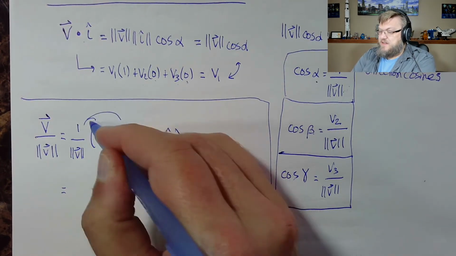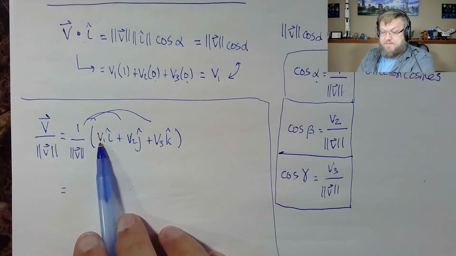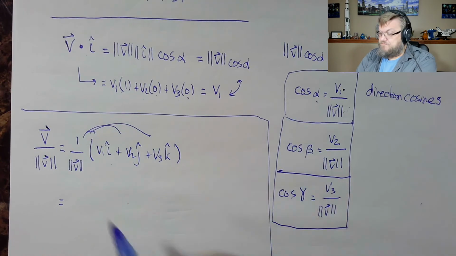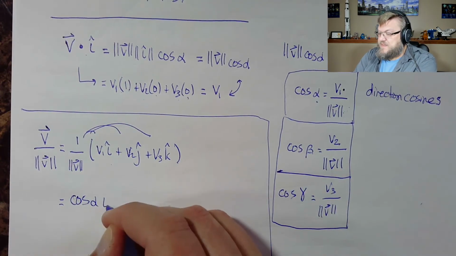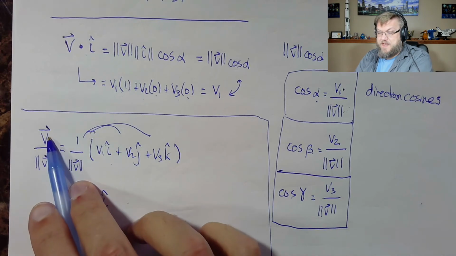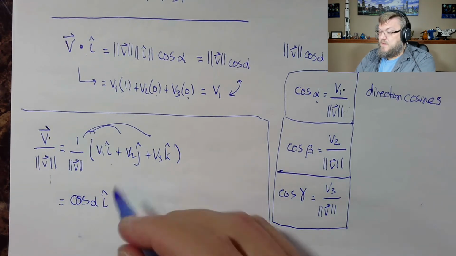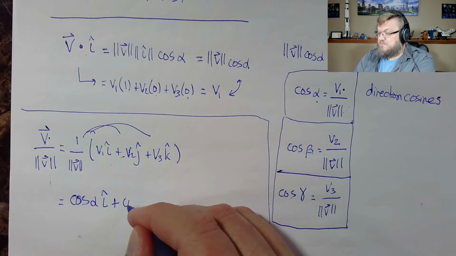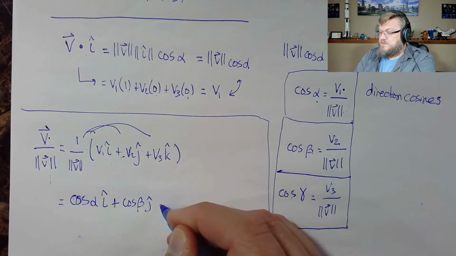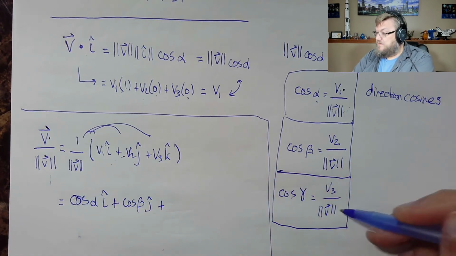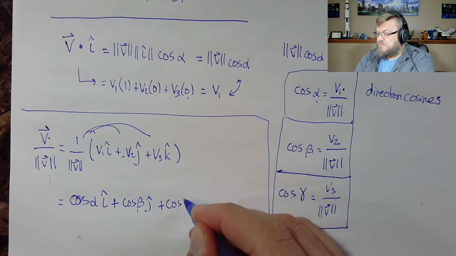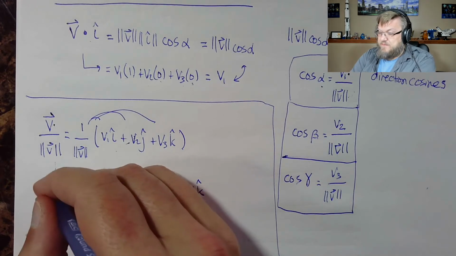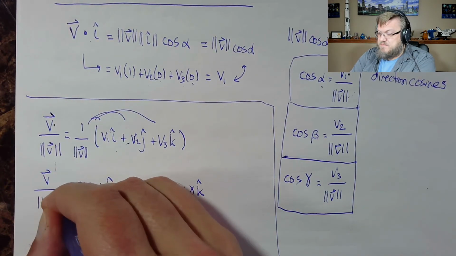If I distribute that scalar all the way through, notice what I get here, v1 divided by magnitude of v. But that is cosine of alpha. That's the i component of v divided by its magnitude. Plus v2 over magnitude of v, that's cosine of beta, j, plus v3 over magnitude of v, that's cosine of gamma, k. Okay? That's what the vector divided by its magnitude is.